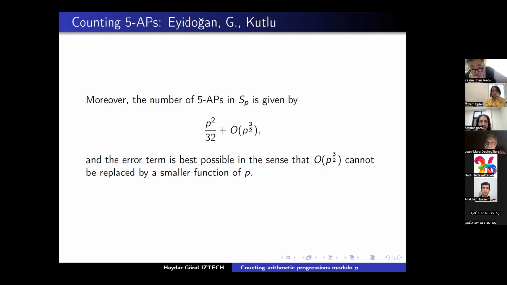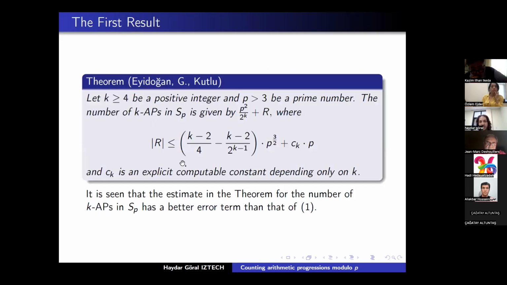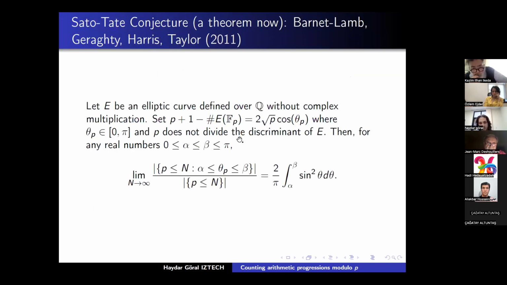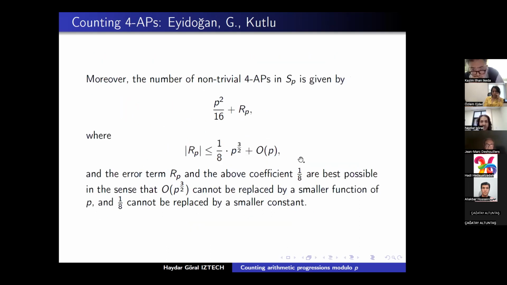So what we proved is that we improved the error term for every k. We counted the three-term arithmetic progressions for k equal to 3. There is an exact formula. For the length equal to 4, we counted them exactly, and we proved that the error term and the constant are unavoidable.